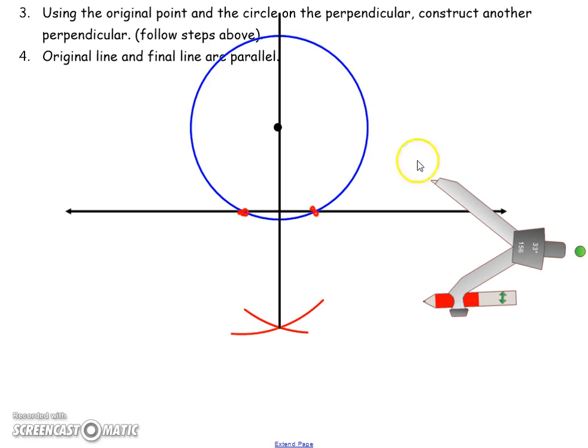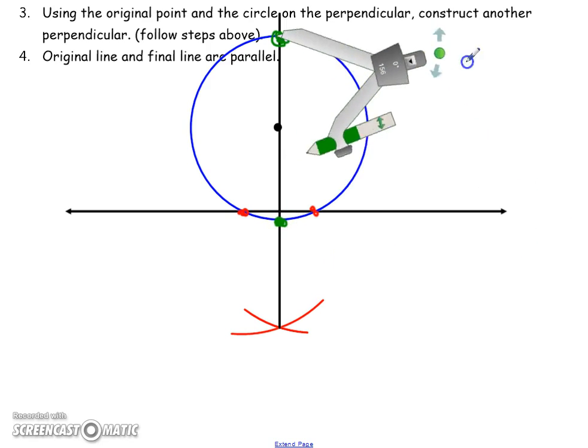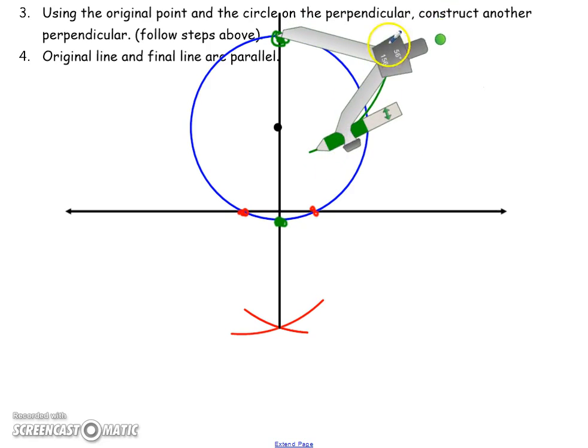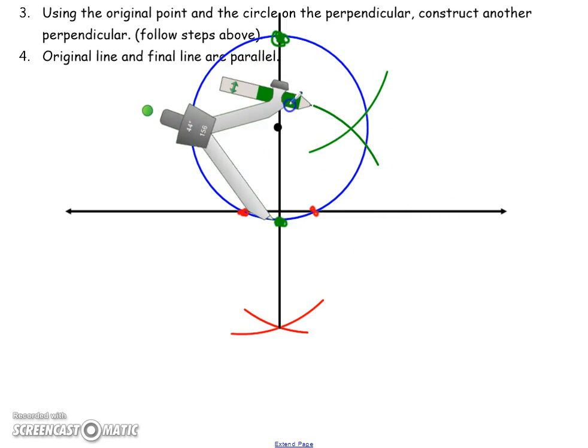Alright, next I'm going to take my original circle that I made and the new line, and I'm going to use those intersection points as my new intersection points to make two more arcs. So I'll make them sideways here, going off of that one and this one.